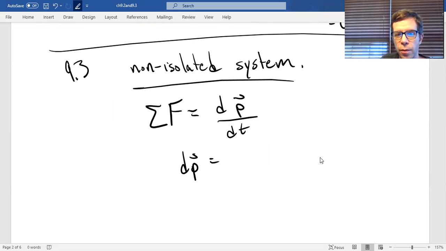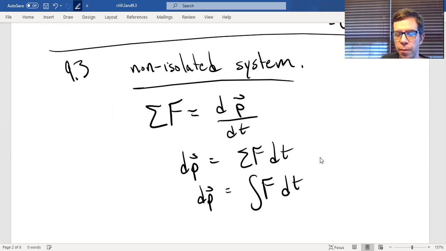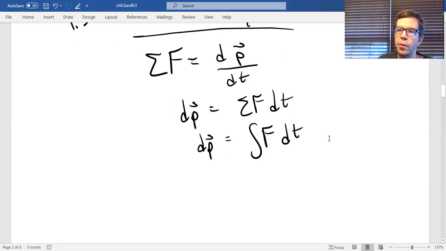I can make it an integral, right? Maybe it'd make more sense to move the dt over first, right? So now we have dp integral of F dt when we go to the continuous form.